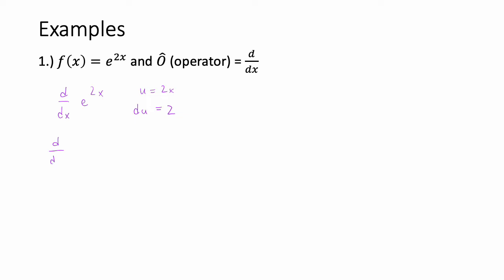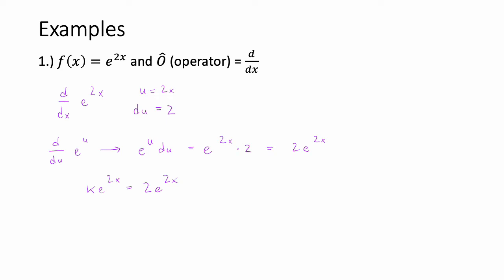So I can rewrite this as d du e to the u. And the derivative of this is simply e to the u du, which in this case is equal to e to the 2x times 2, or 2e to the 2x. So now to determine if this is an eigenfunction, I set my result equal to my original function multiplied by k.